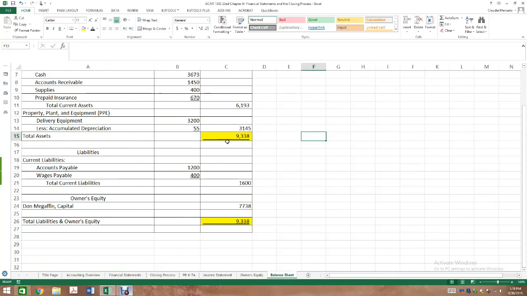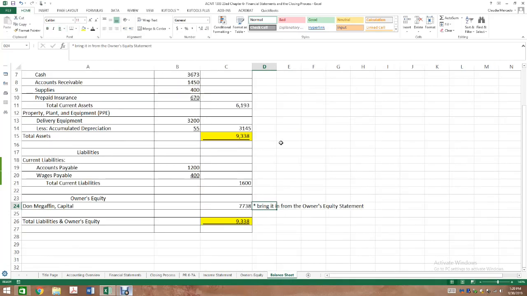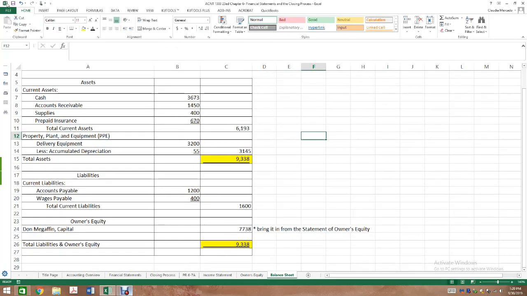So just make sure that when you are bringing in your capital account, you bring it in from the owner's equity statement. That is the most common mistake that students make that causes them not to be in balance. So just make sure that you are in balance.